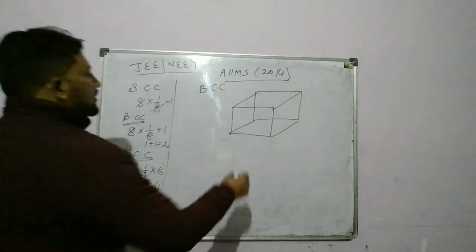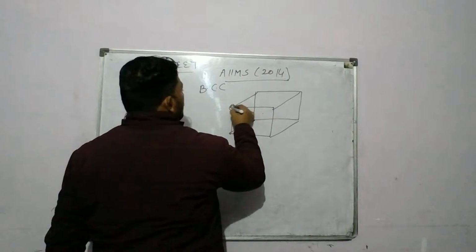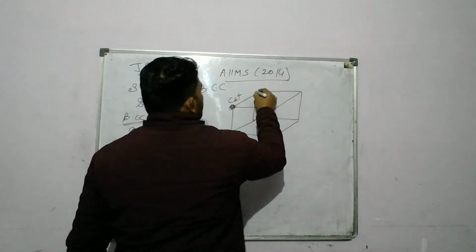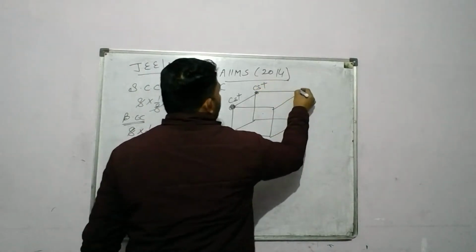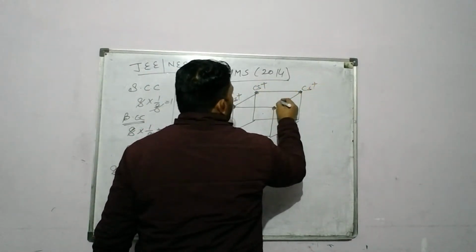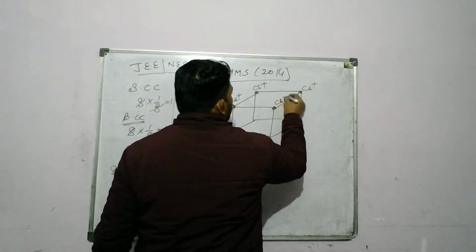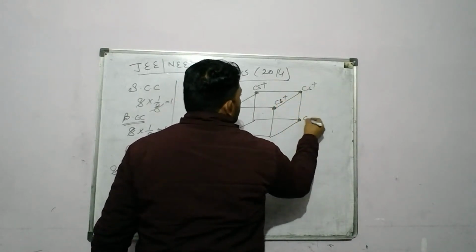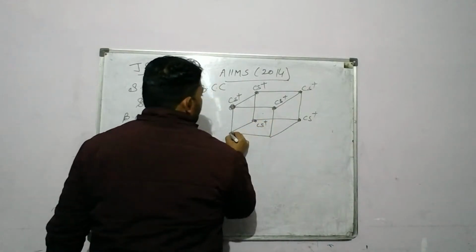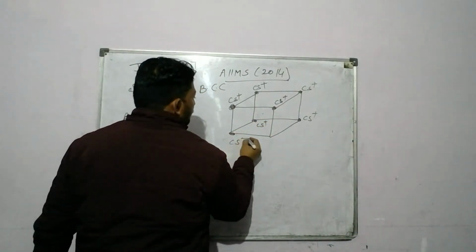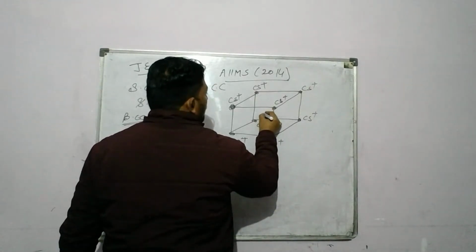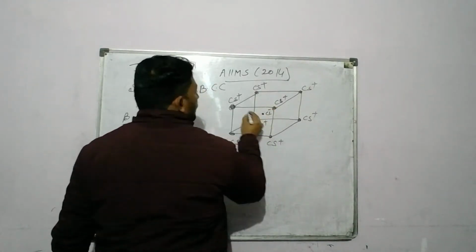is that all the cesium ions, Cs positive, are present at the corner. And one chlorine atom is present here at the center, negatively charged.